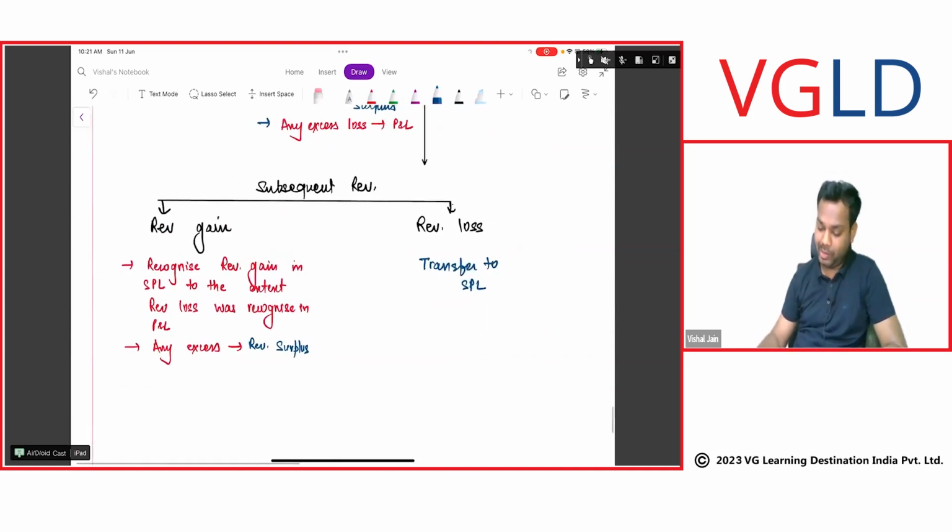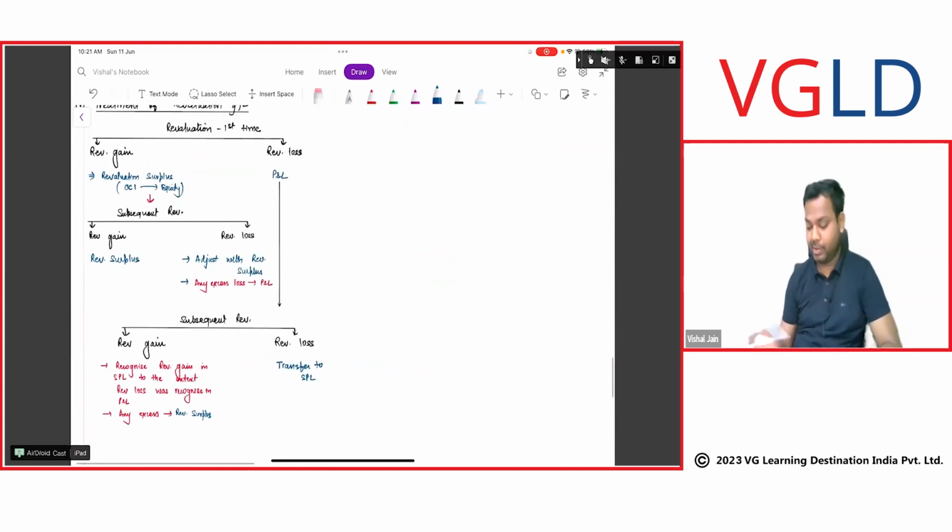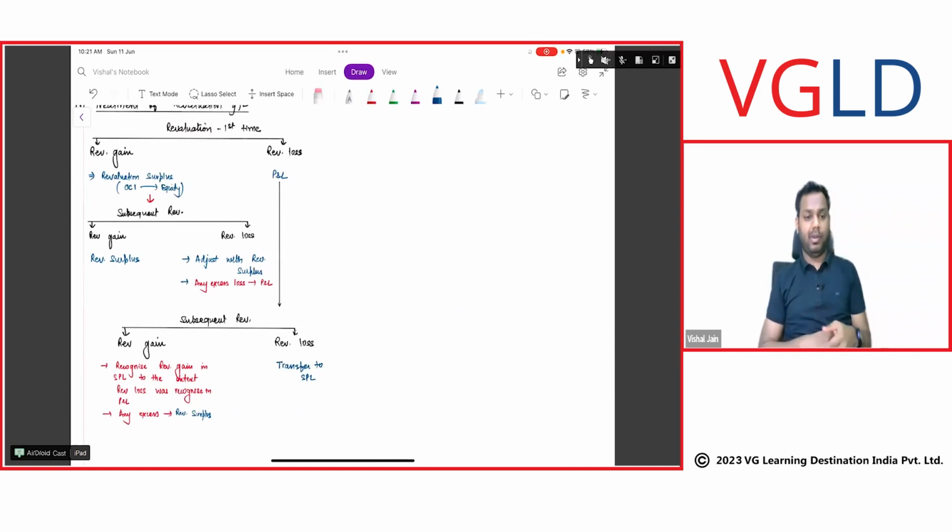Now, please have a look at this chart and tell me, is it clear or not? Draw this chart also in your notebook. Done?